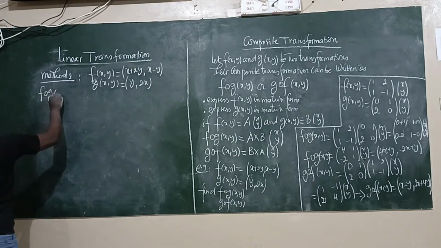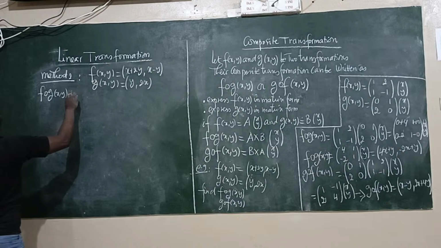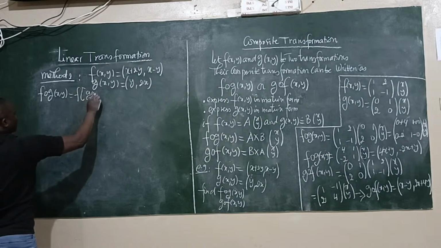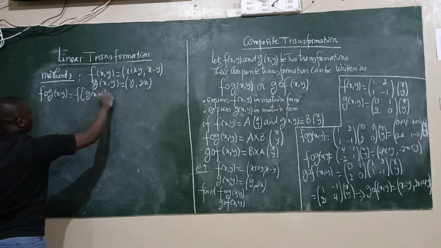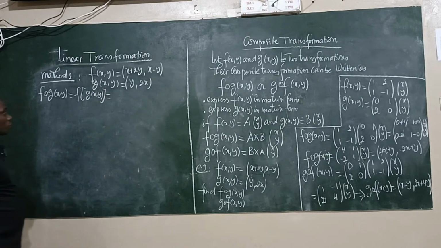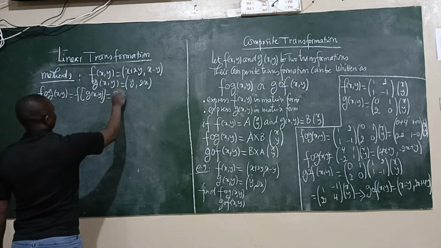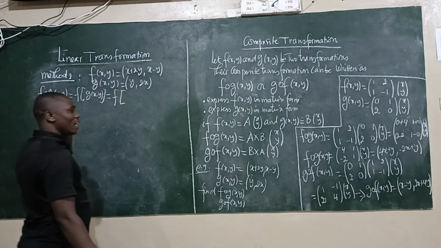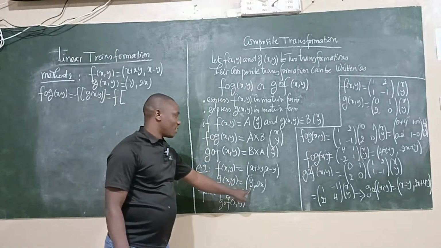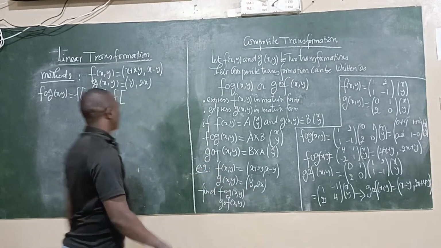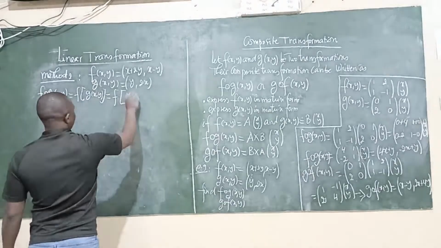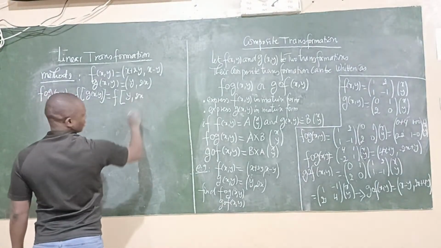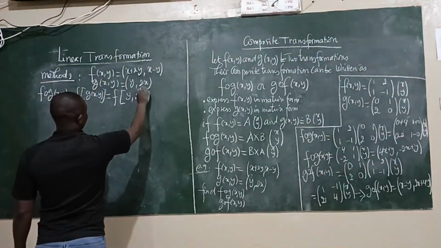Now, f of g of xy, this will be f into g of xy. Our g of xy was y comma 2x.